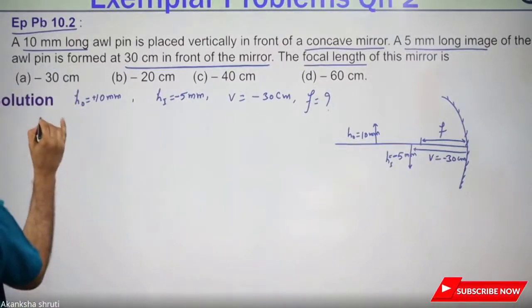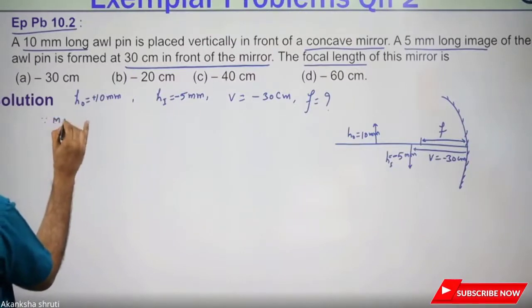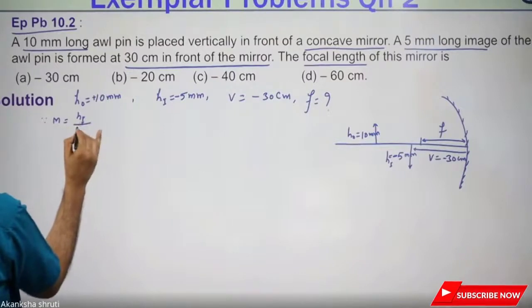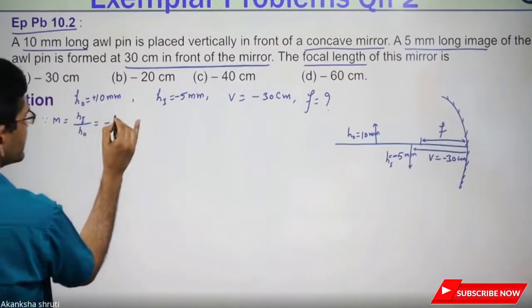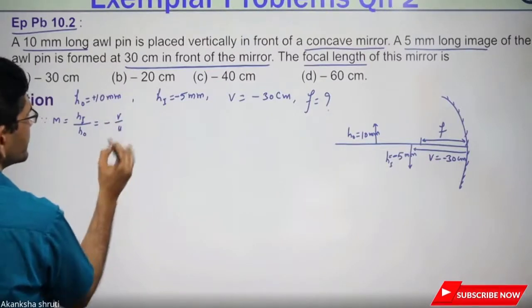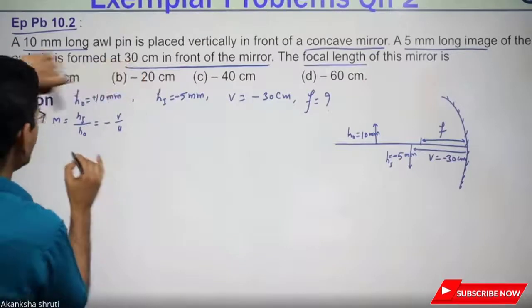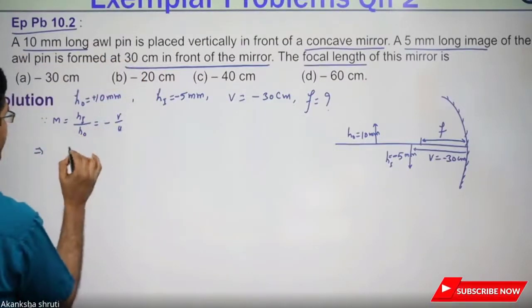Now, student, since magnification is given by HI by HO is equals to minus V by U. In this case, we are given with HI. So go for substituting in this equation.